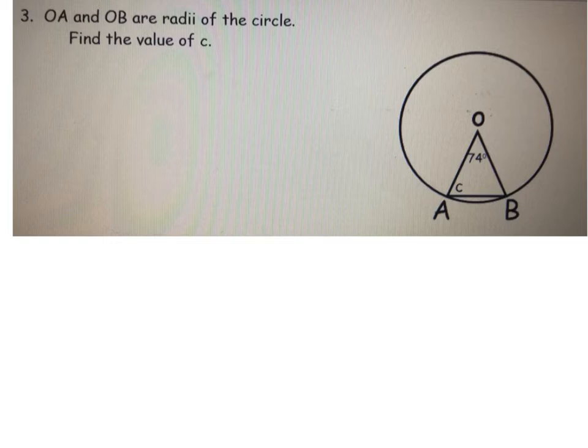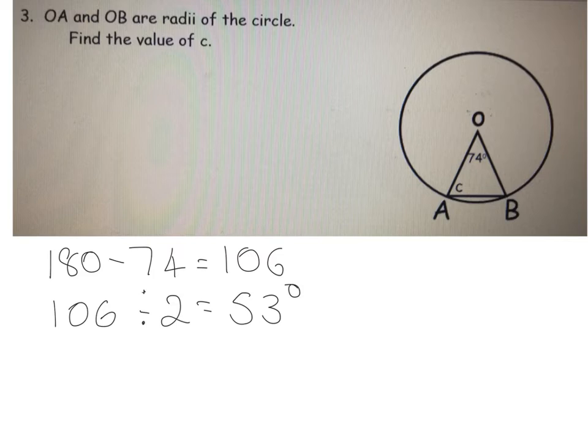So as we've done before by isosceles triangles, we take this angle here, the 74, take it away from 180, and then half it to get these two angles here. So 180 take away 74 is 106. So that 106 is split equally between these two angles. So 106 divided by 2, 53 degrees. So C is equal to 53 degrees.